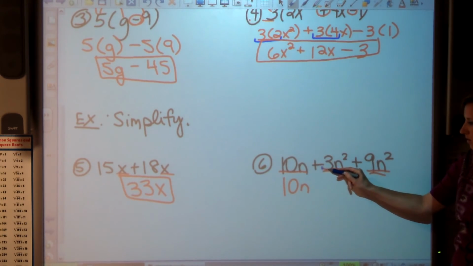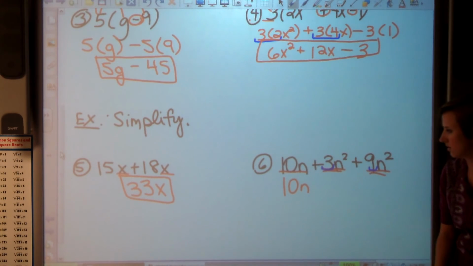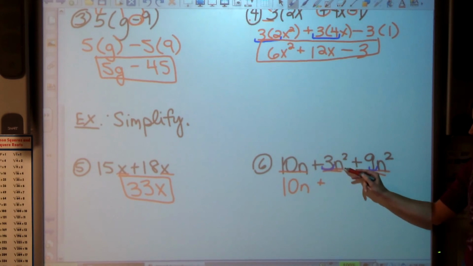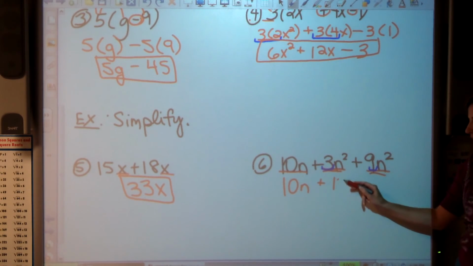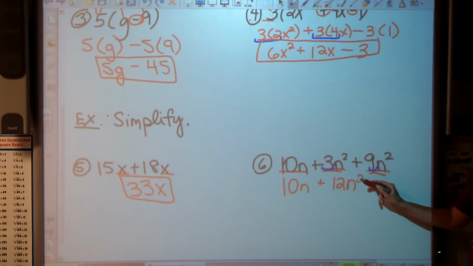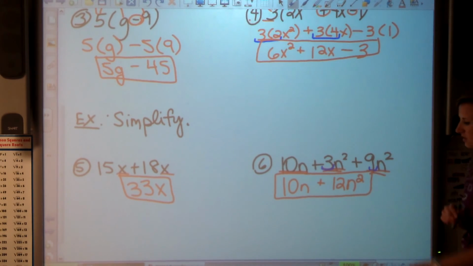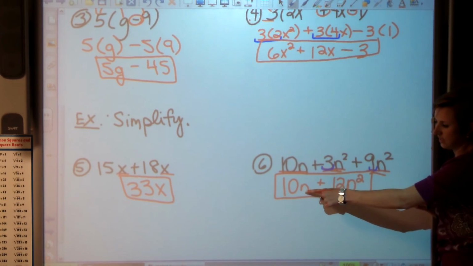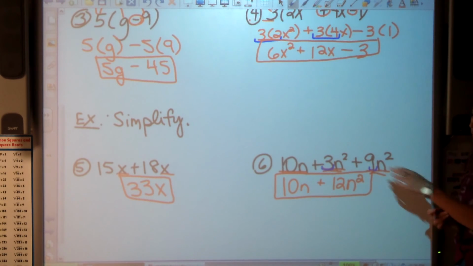So I'm going to do 3 plus 9. So just add the coefficients. So drop down my plus sign. 3n squared plus 9n squared gives us 12n squared. We box him in because that's simplest form. This has n squared, this one just has n, so they're different, so I can't add them together. That's as far as we can go.